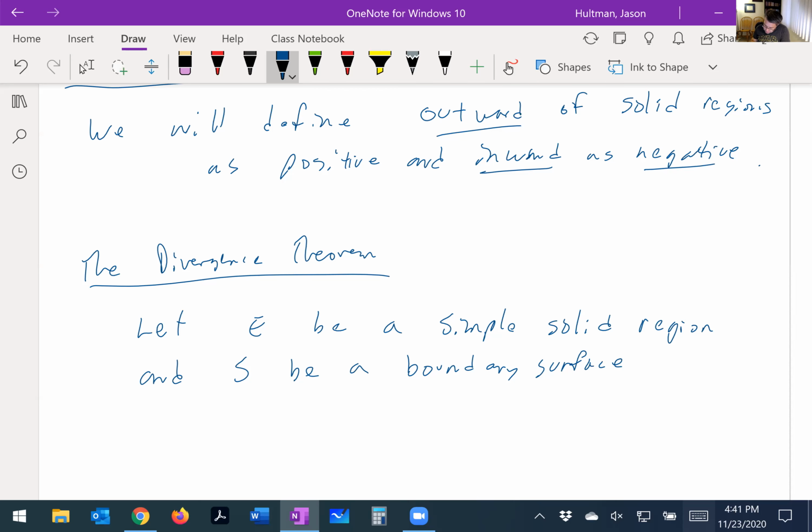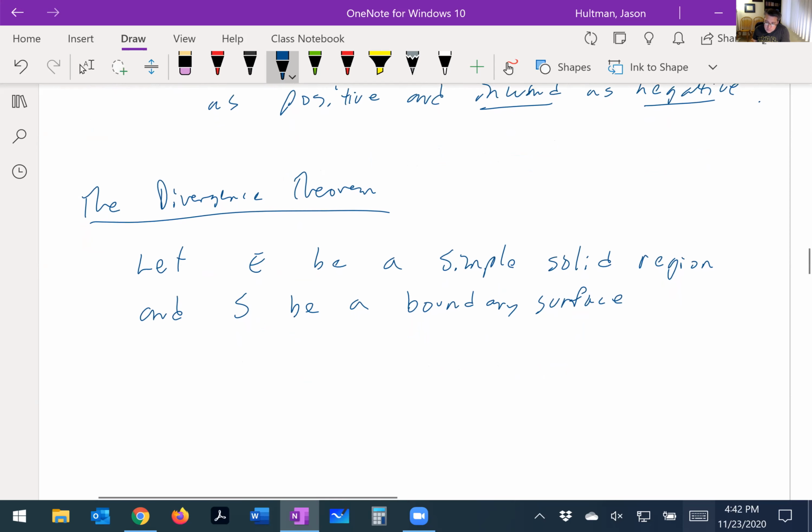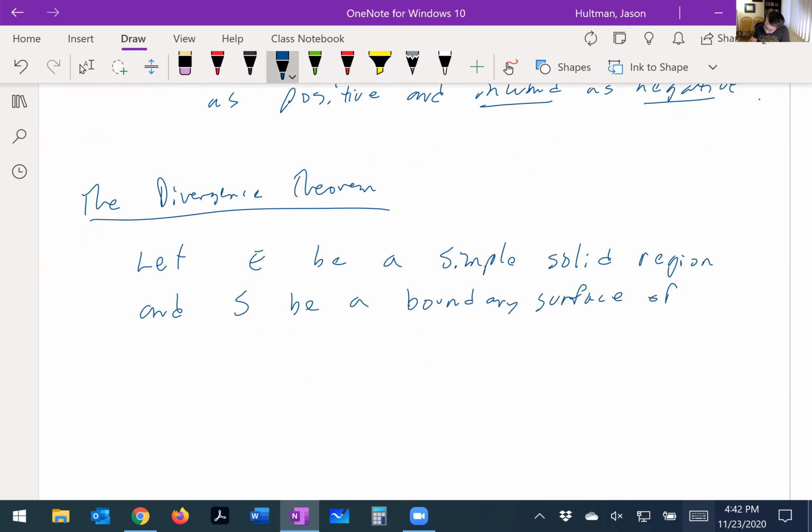Let E be a simple solid region and S be a boundary surface of E with positive outward orientation.